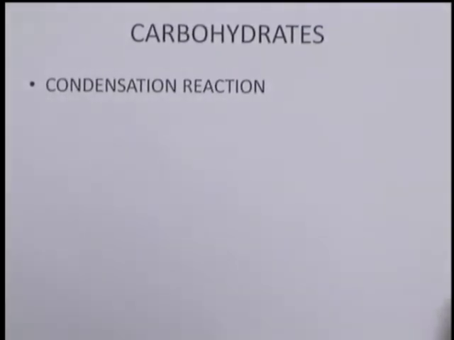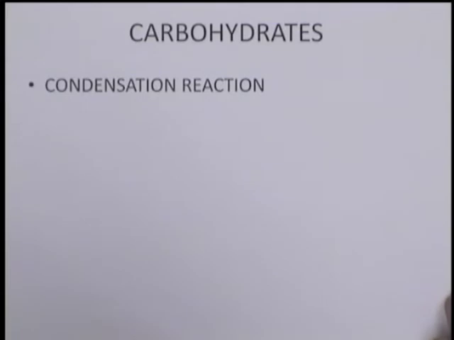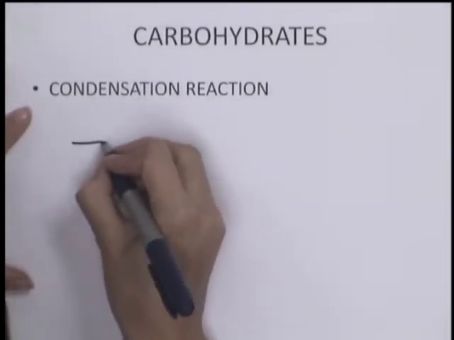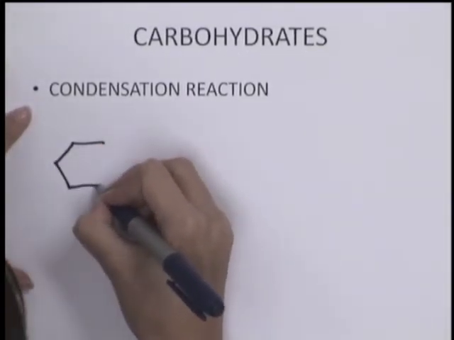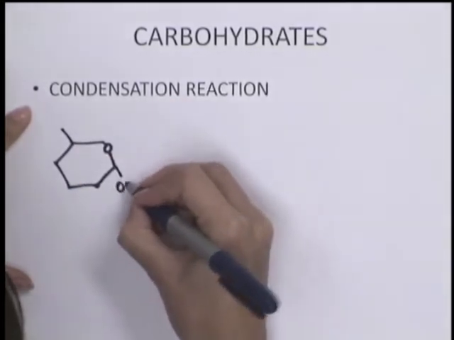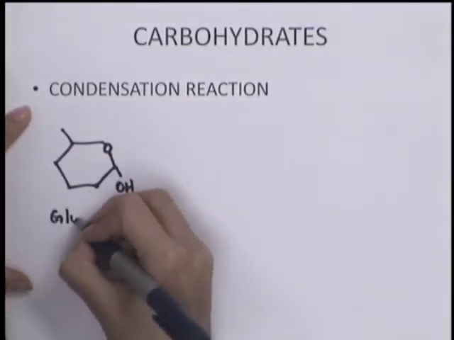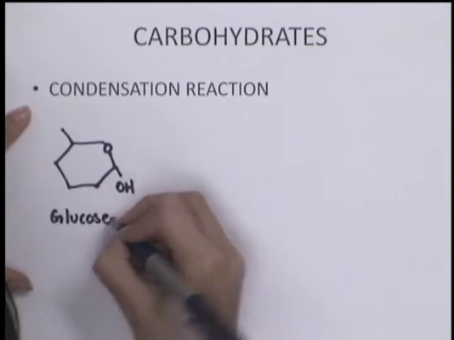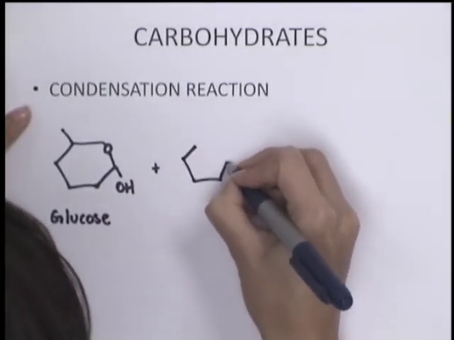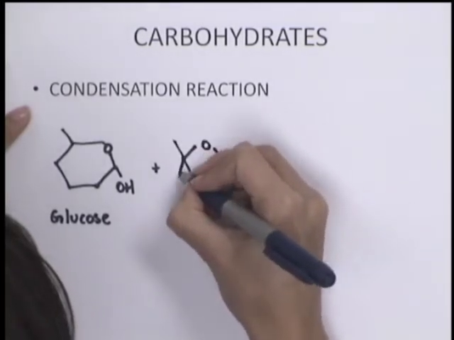So when we have two monosaccharides, we have a condensation reaction in order for us to create a disaccharide or a polysaccharide. For example, we could have glucose looking like this. We know that glucose is a monosaccharide. And we can have fructose, which is also a monosaccharide.